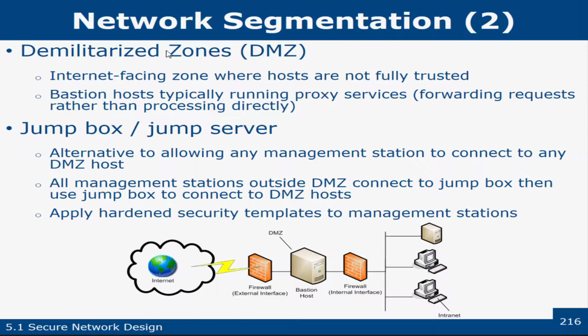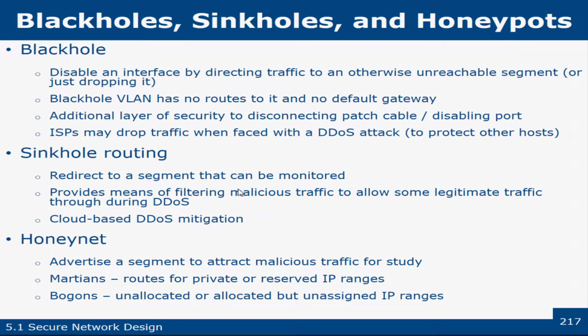Some other terms you want to know for the exam, know what these are. A black hole is essentially an interface where you direct traffic to an unreachable segment. A black hole VPN basically has no routes to it and no default gateway. It's a way to get traffic routed out of the way for the time being.